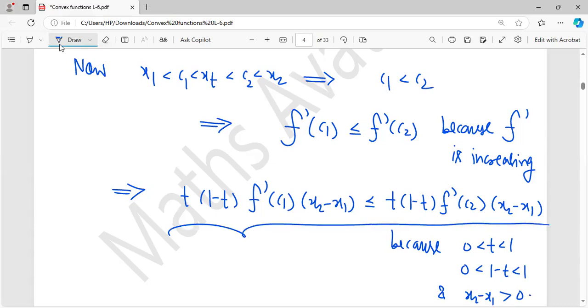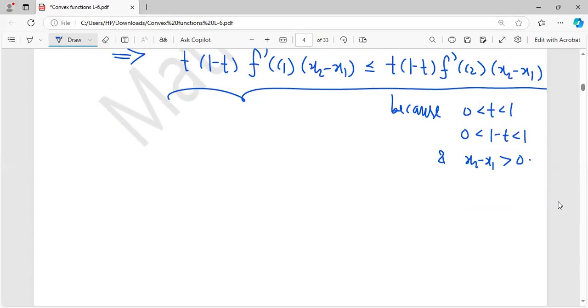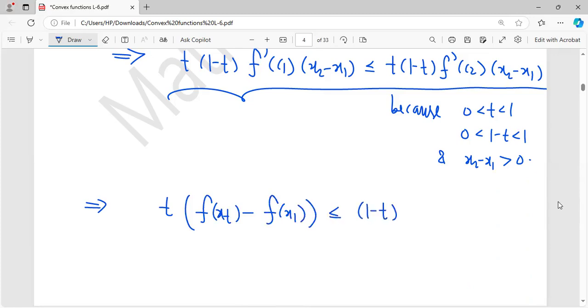So we have this. What is the left-hand side from 5? This is nothing but t(f(x_t) - f(x1)). And the right-hand side is (1 - t)(f(x2) - f(x_t)).